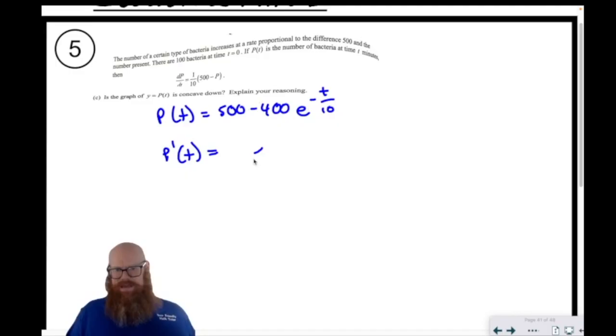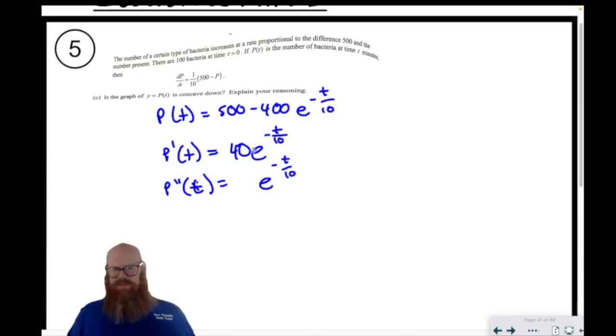I'm going to have e to the negative t over 10 times the derivative of that, which is negative 1/10. But negative 1/10 times negative 400 is 40. And then if I do p double prime of t, again, e to the negative t over 10, and the derivative is negative 1/10 times 40, which gives me negative 4.